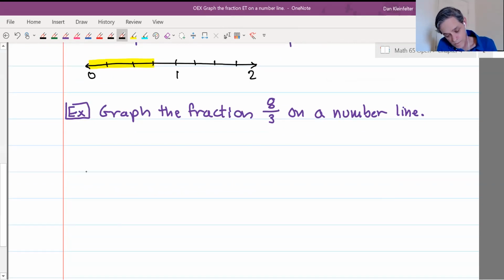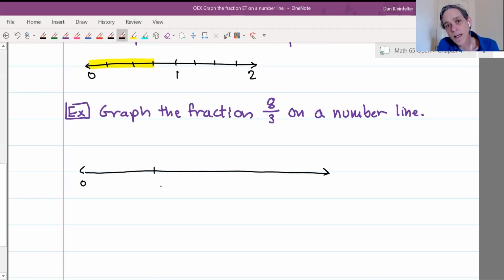Okay, try to graph 8/3 on the number line. Once again, you may want to pause the video and see if you can do this and then see what you get. Okay, so this problem is in thirds, so I'll take each whole and divide it into thirds. And we want 8 of those thirds.